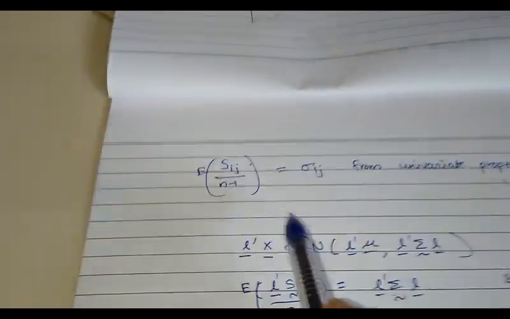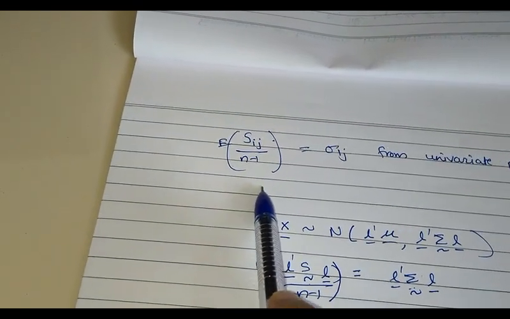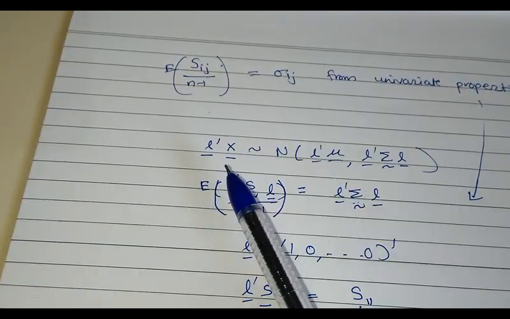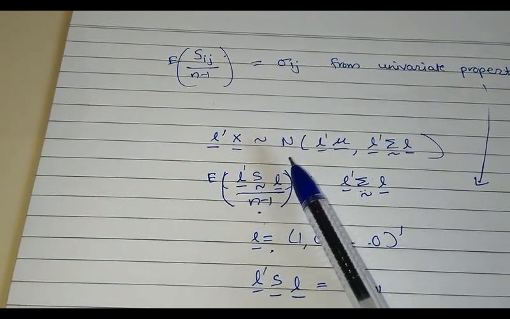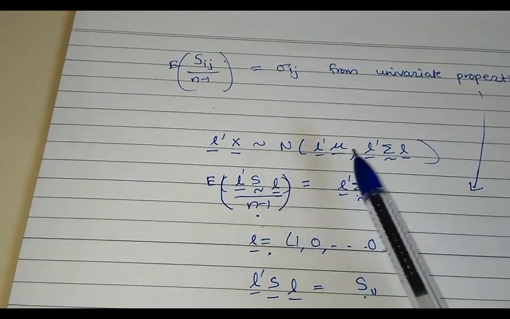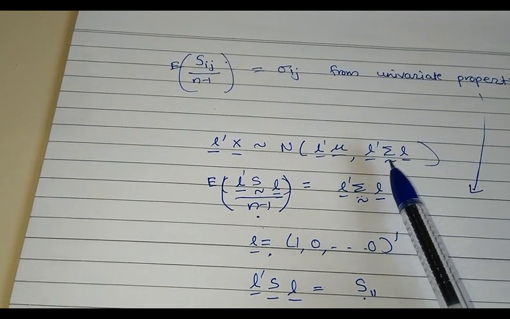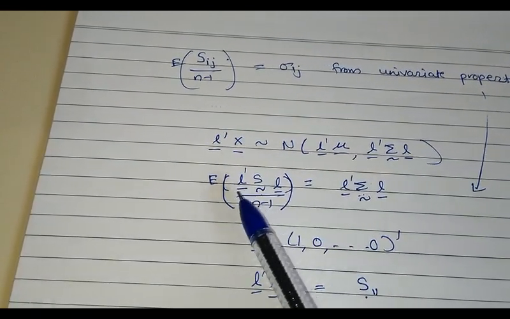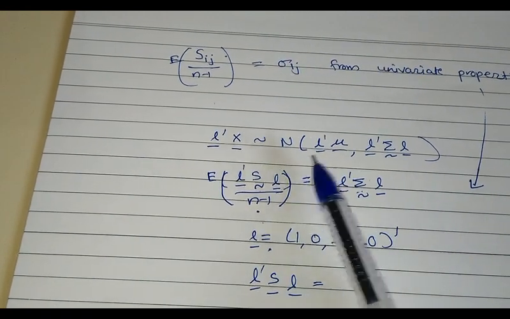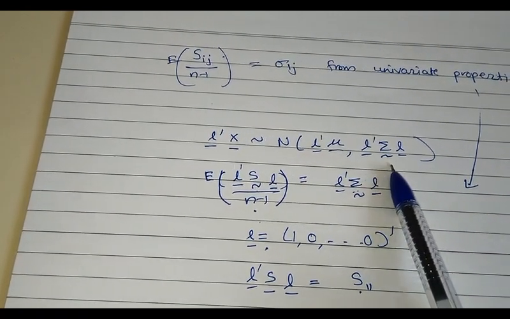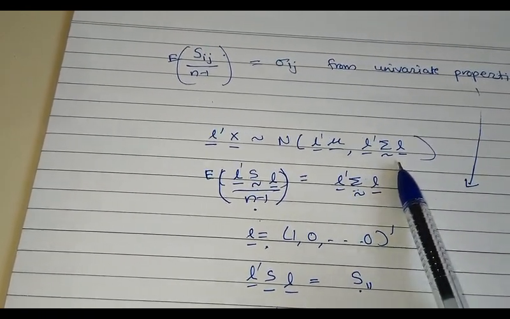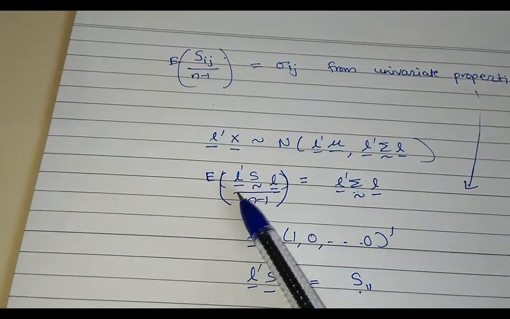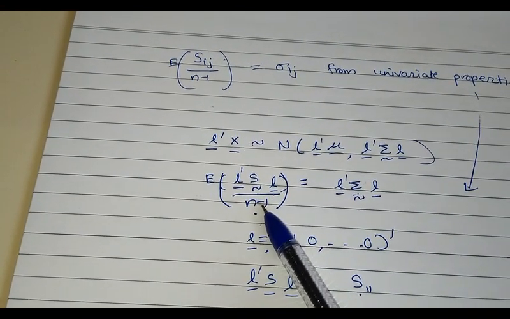As I said, you can either go by this component-wise argument, or you can first define L prime X to have just a univariate normal distribution with mean L prime mu and variance L prime sigma L. Then because L prime sigma L is a variance in the univariate case, it can be estimated in an unbiased manner by L prime SL upon n minus 1.